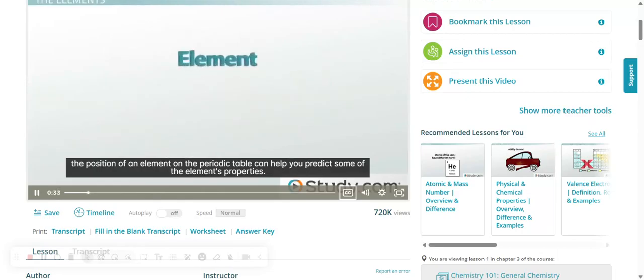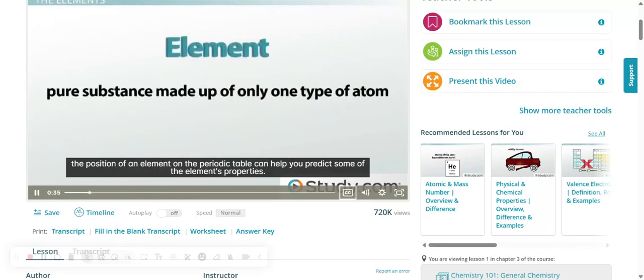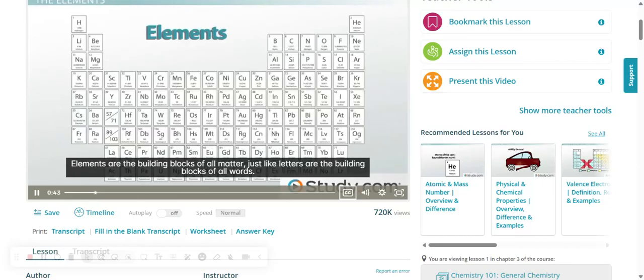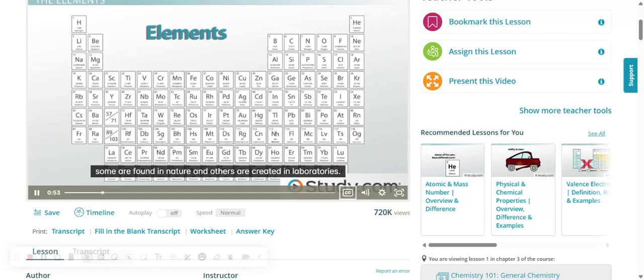An element is a pure substance made up of only one type of atom. Elements are the building blocks of all matter, just like letters are the building blocks of all words. There are currently 118 known elements represented on the periodic table. Some are found in nature, and others are created in laboratories. Each little block on the periodic table represents one element.